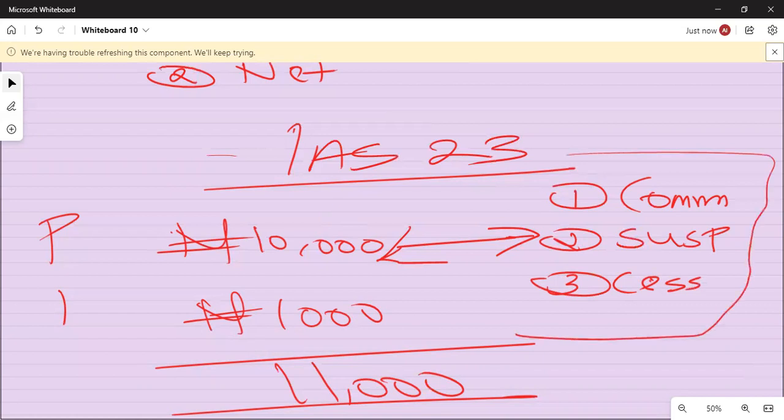When would borrowing costs commence? When would they be suspended? When would they cease? Keep at the back of your mind that borrowing costs are meant for capitalization once they meet certain criteria.